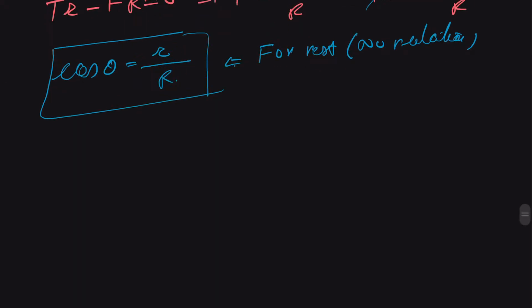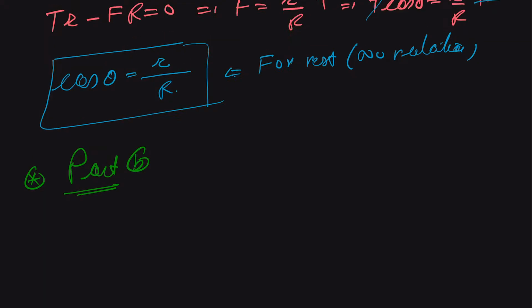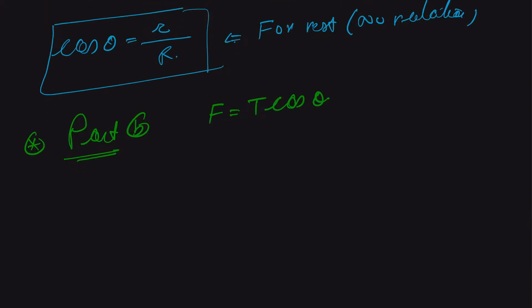Now we come to part B. We just calculated that for horizontal equilibrium, F is equal to T cos θ. And we also know F is our friction. Let me write it here.